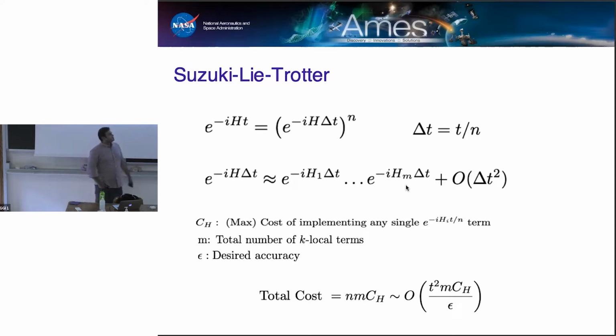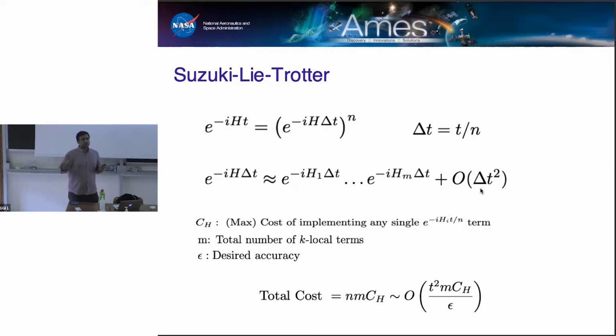Okay, good. Now I say that I want the overall target accuracy of my entire algorithm to be epsilon. What this expression tells me is that the approximation error of one time segment is order delta t squared. So the approximation error of n time segments is n times delta t squared, which is t squared over n.